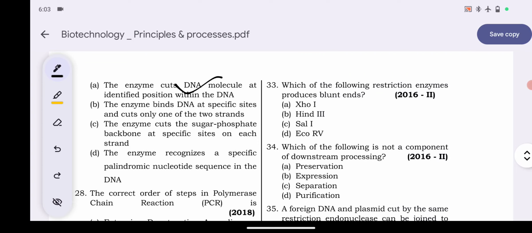The enzyme binds DNA at specific site and cuts only one of the two strands. ये गलत हो गया. दोनों स्ट्रैंड में कट करेगा ना, एक स्ट्रैंड में कट करके क्या होगा. Third, the enzyme cuts the sugar phosphate backbone at specific site on each strand. Correct है. The enzyme recognizes a specific palindromic nucleotide sequence in DNA. Also correct one. So B is your answer.